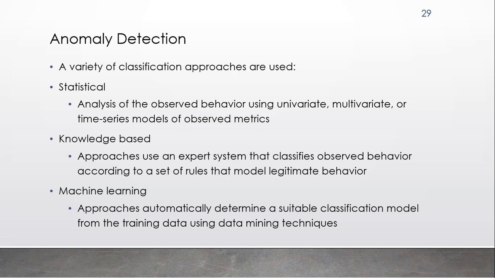There's a statistical approach where the observed behavior is analyzed using invariant, multivariate, and time series models of observed metrics. There is a knowledge-based approach, which uses an expert system that classifies observed behavior according to a set of rules that model legitimate behavior. With machine learning, the system automatically determines a suitable classification model from the training data using data mining techniques.